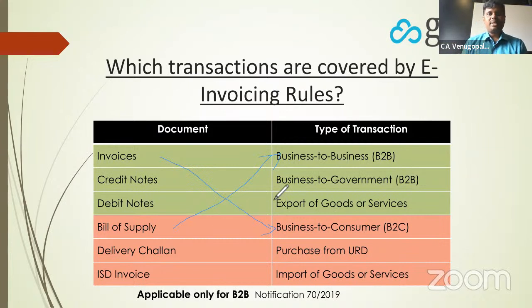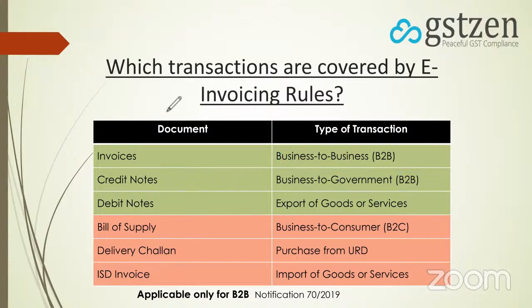And the definition of B2B would also include business to the government. If a government entity has a TDS registration number, even then e-invoice is applicable. Next come the exports. This is a specified category. They have specifically mentioned that for exports, e-invoice is applicable.